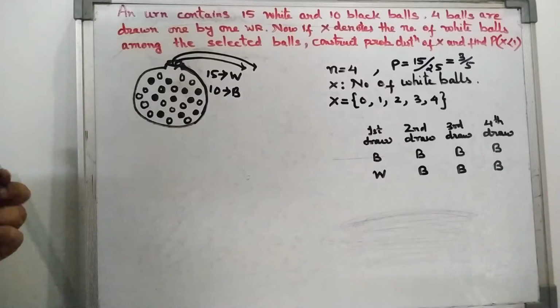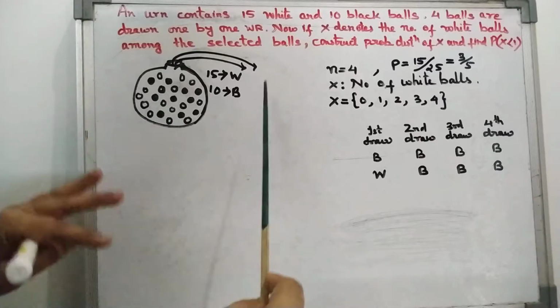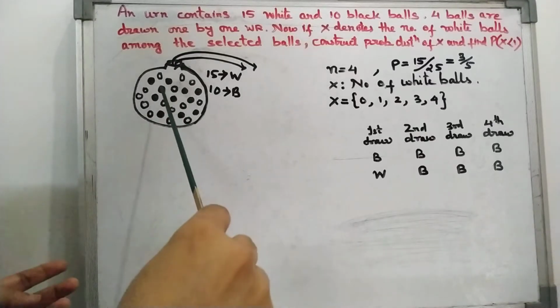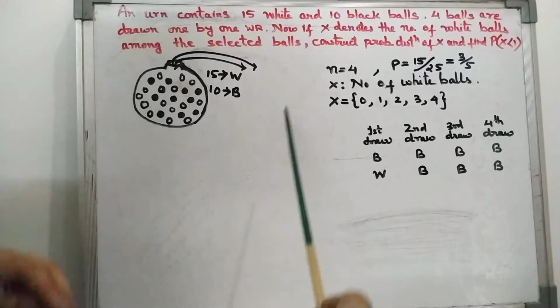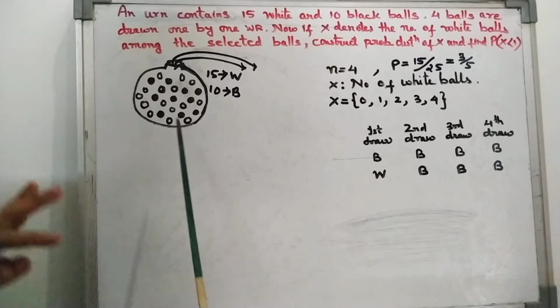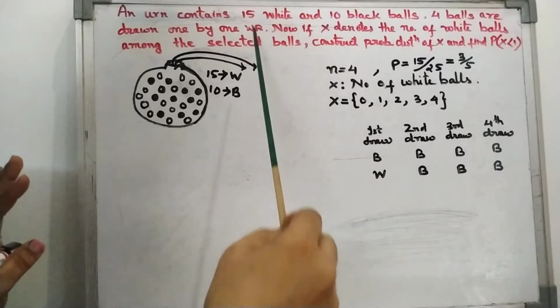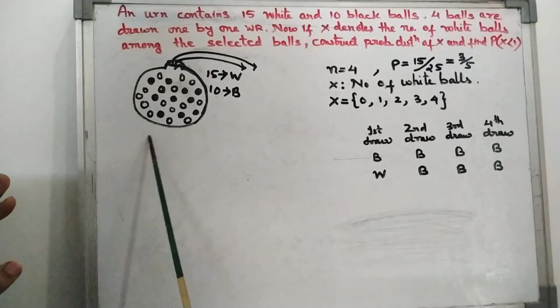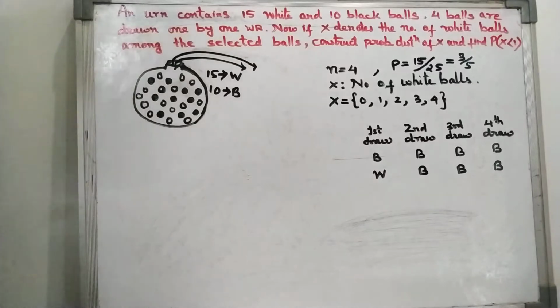We just check the color and put the ball back in the urn. So every time we make a draw, the number of balls in the urn remains constant; since it is with replacement, every time we get 25 balls before the drawing.